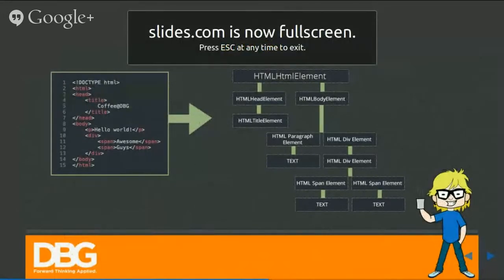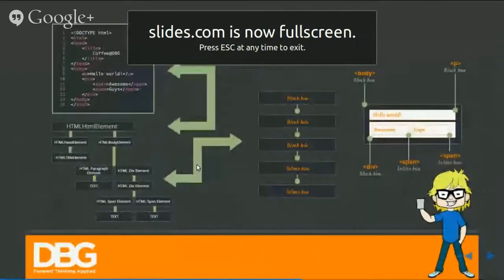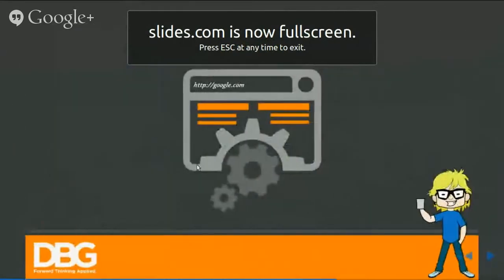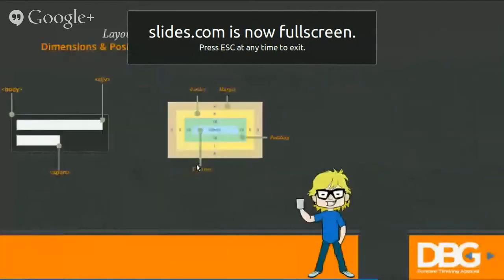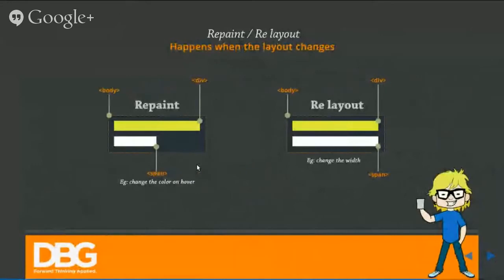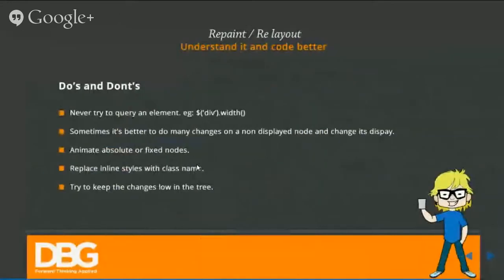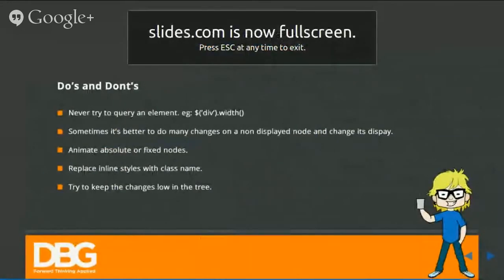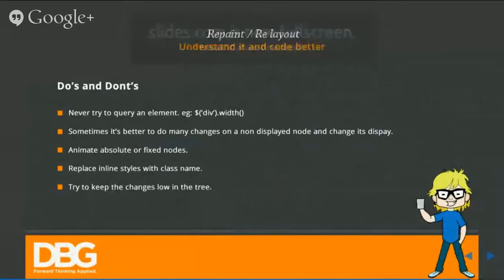Then the browser resolves the styles and a layout is created, and finally the output gets painted to the browser. And finally, what happens when we make some changes, and the do's and don'ts.